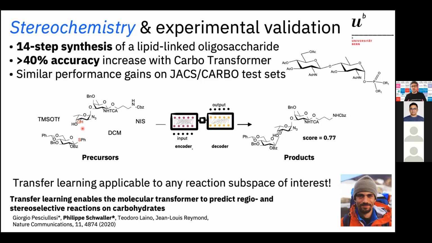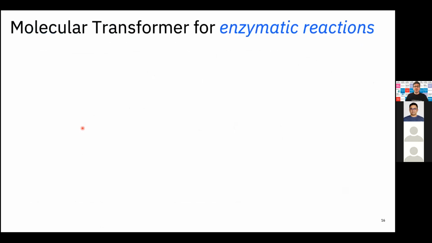The cool thing with the transfer learning approach that we investigated is that it's applicable to any subspace of interest. So if you have one particular reaction you are interested in, you can fine-tune your model for this reaction class and expect better accuracies. What recently became very popular are enzymatic reactions, and one question there is clearly, how do we want to represent the enzymes?